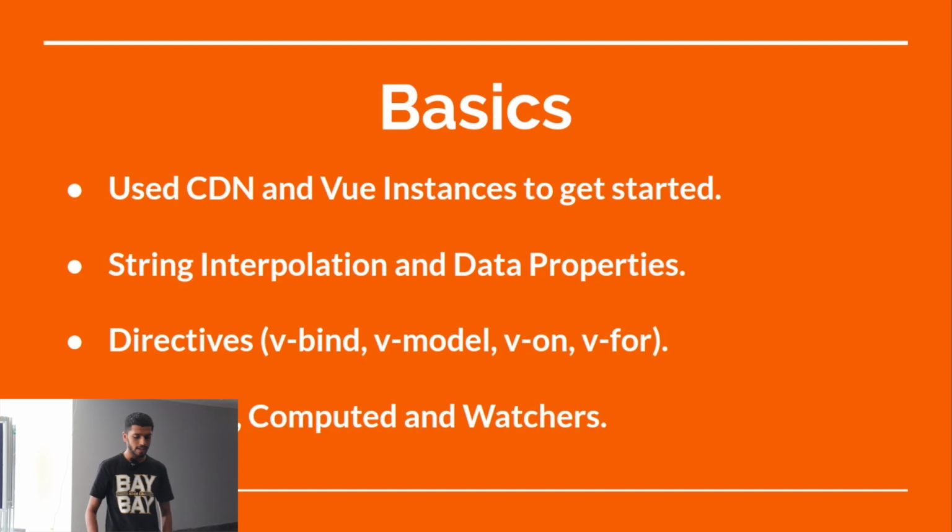Then computed properties and watchers are great as well. This is something new that I've learned while using Vue, and one of my favorite things about Vue. Computed especially, because it lets you cache your result and avoids having to run a method again and again, and only re-runs when the reactive source that you're using changes. And with watchers, you can listen to a change to any particular property.